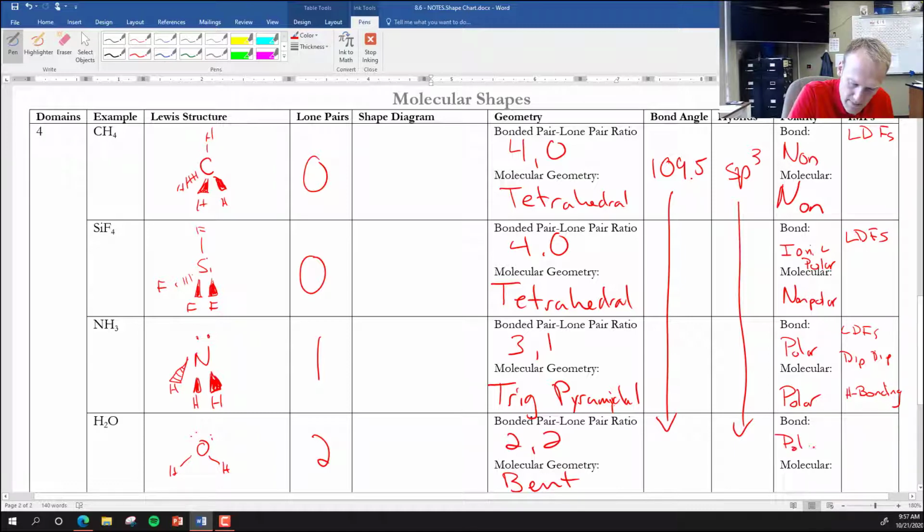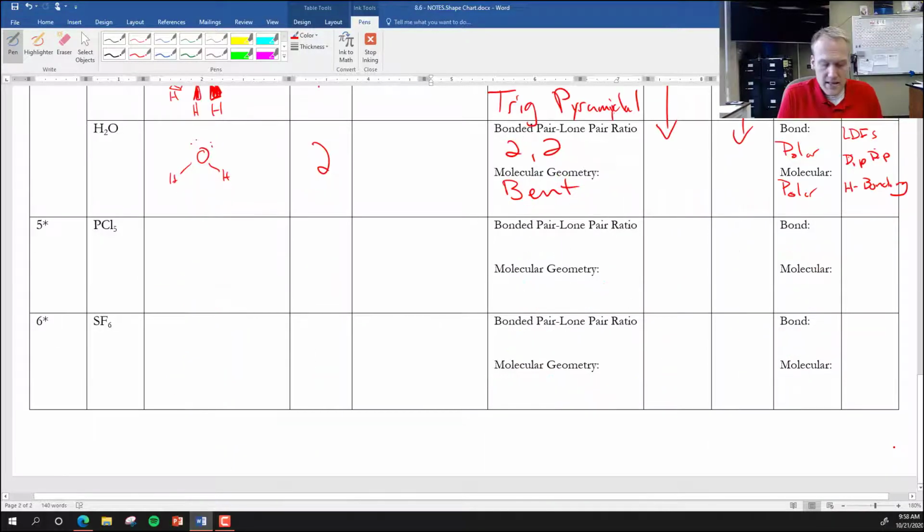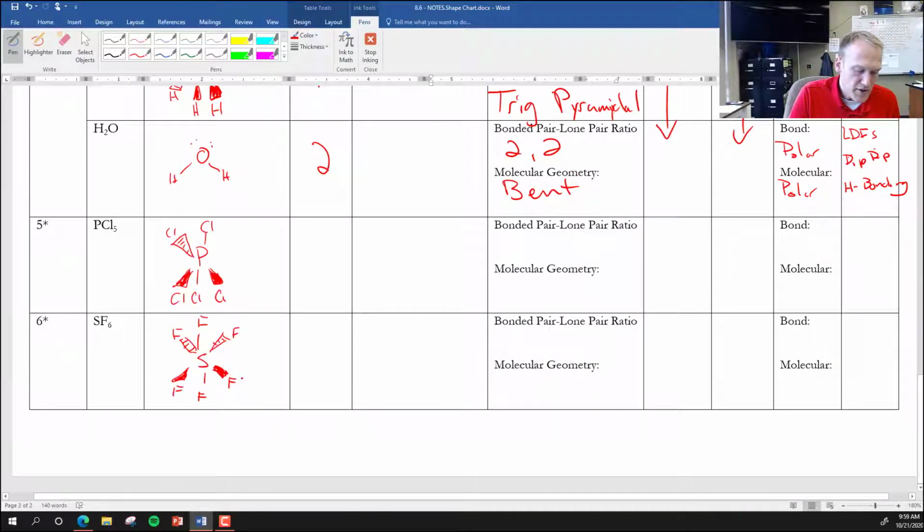Water would be the same. These are polar bonds. It is a polar molecule, and it's going to have all 3, LDFs, dipole-dipole, and hydrogen bonding. So now we can move on to the bottom ones, which have 5 and 6 domains. Your drawings would look like this, and these are going to have 5:0 and 6:0 because there are no lone pairs.